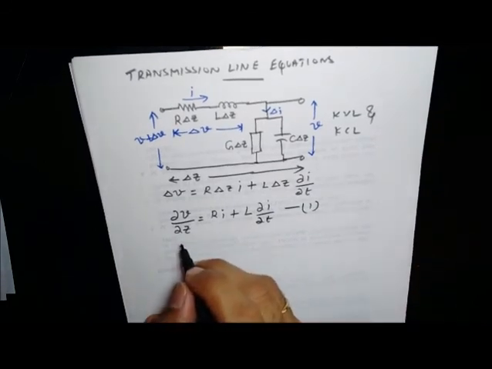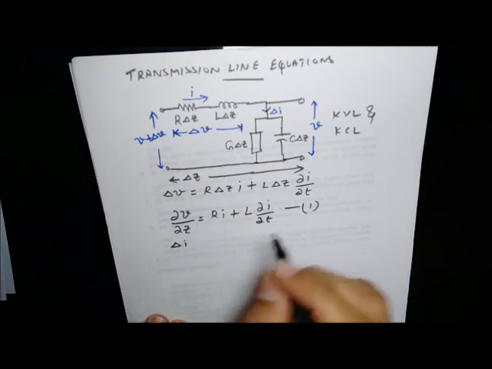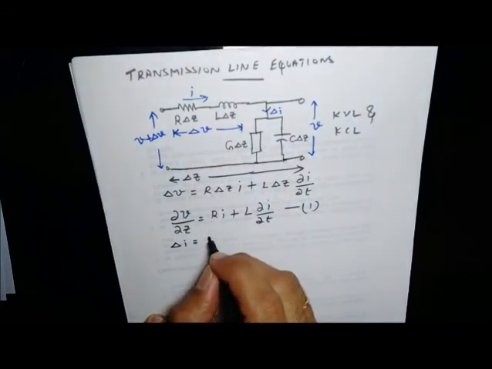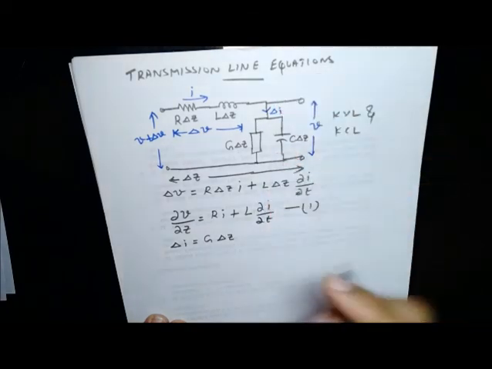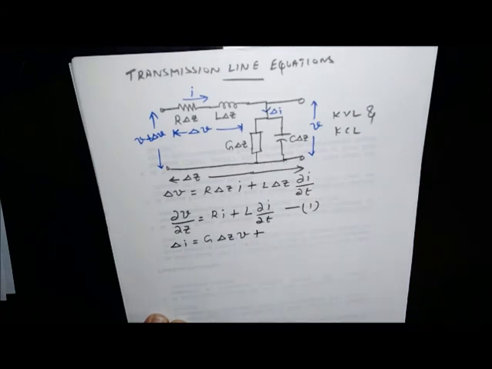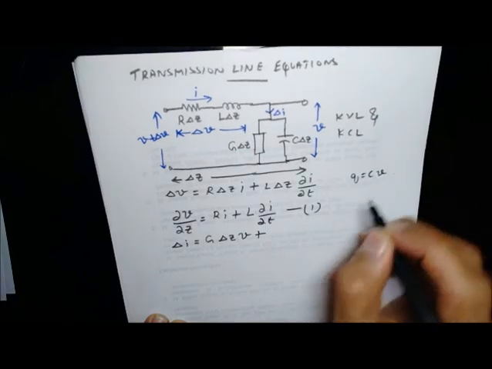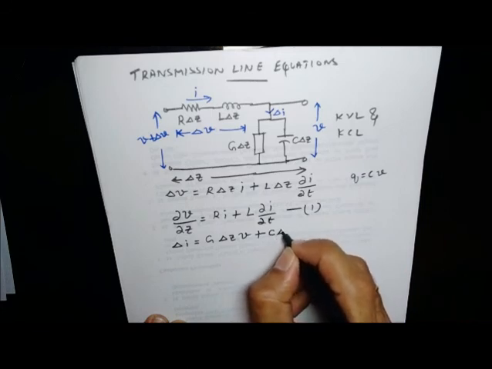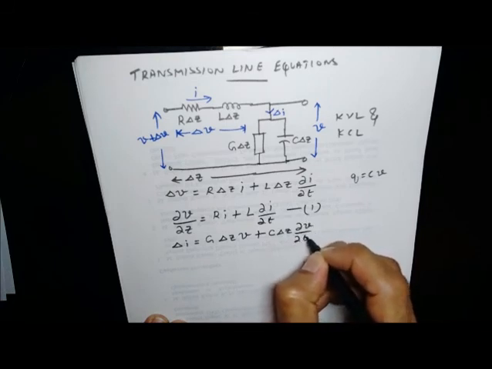Now we can write similarly, the current delta I is equal to G delta z times the potential V, plus, since you know the relation Q is equal to CV, C delta z dou V by dou t.